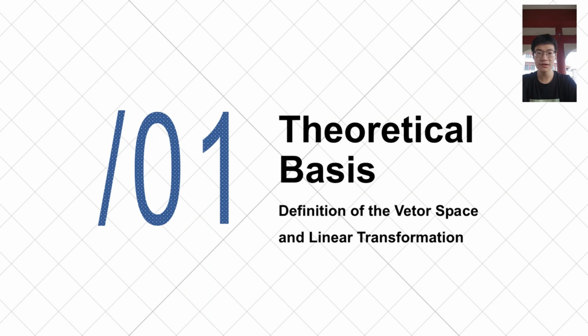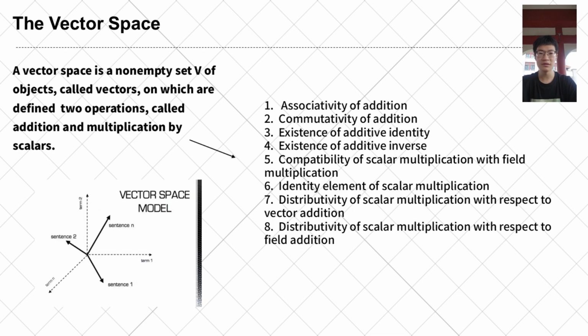Okay, the part 1, theoretical basis. In this part, I will briefly introduce the definition of the vector space and the linear transformation. The first one is the vector space.